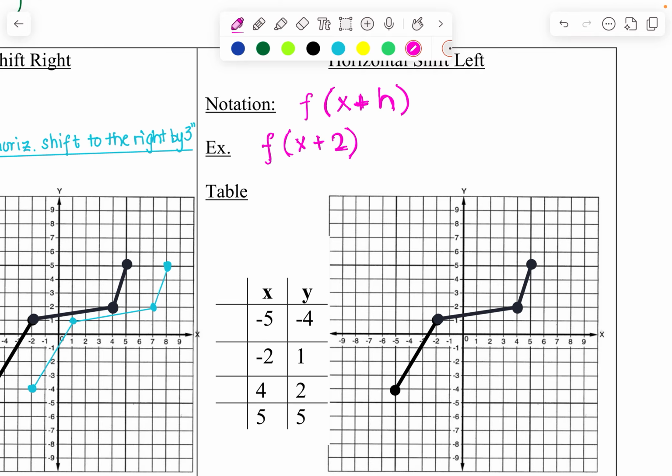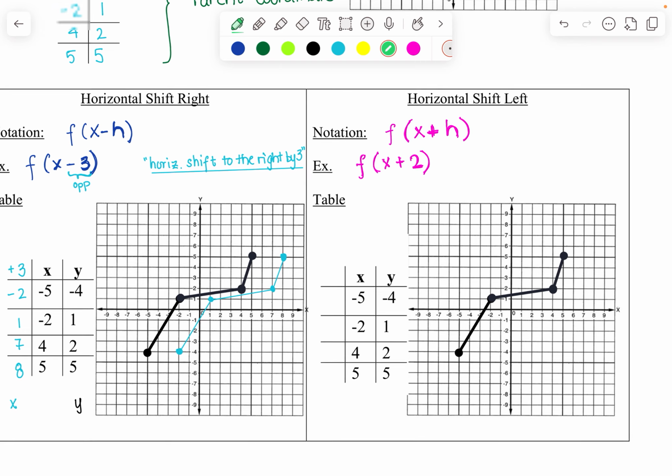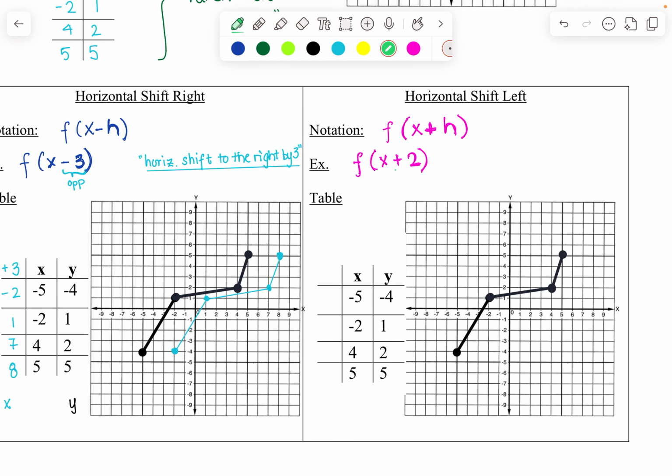What we're going to do here, folks, is take the opposite of plus 2 and subtract 2 from our x values. Now keep in mind, this is happening to x. We're always going to do the opposite of whatever happens to x. I repeat, we will always do the opposite of whatever is happening to x.